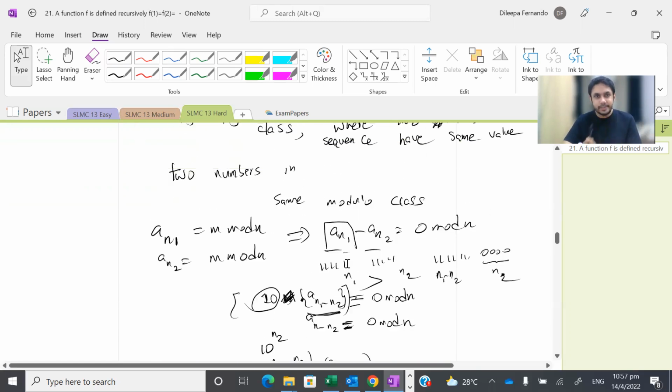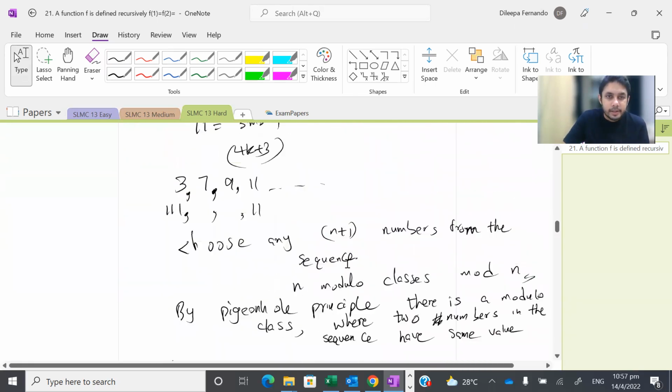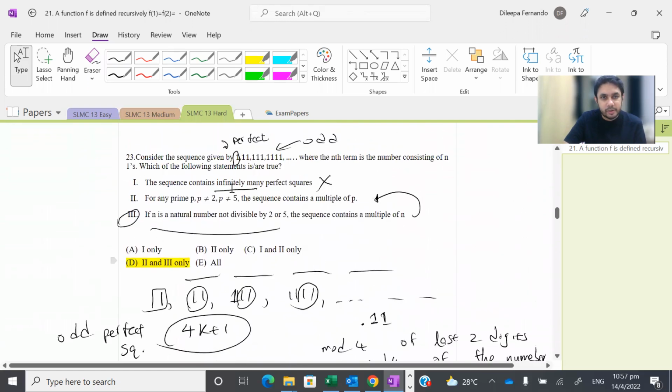So to summarize again, we need to find a multiple of n when n is not divisible by 2 or 5, and you know that 2 and 5 makes it 10, which makes it a multiple of any difference between any two terms.